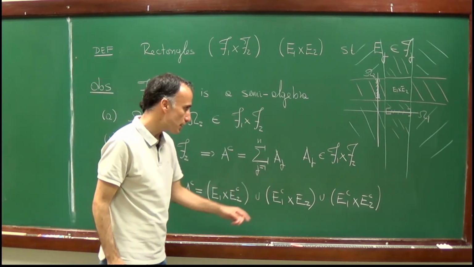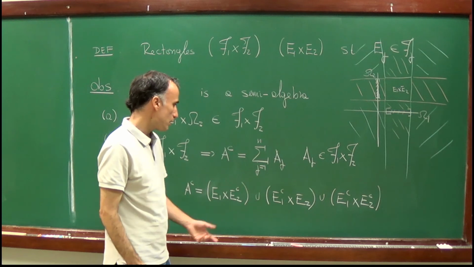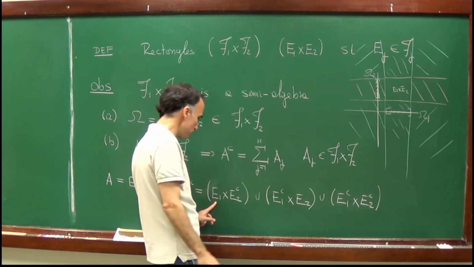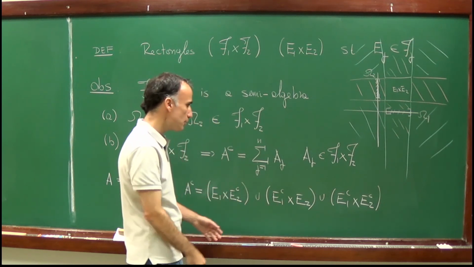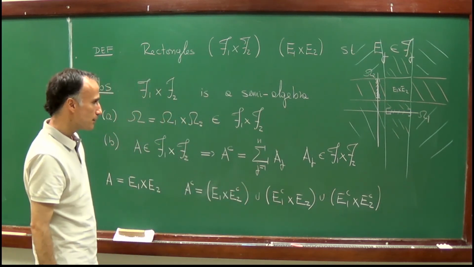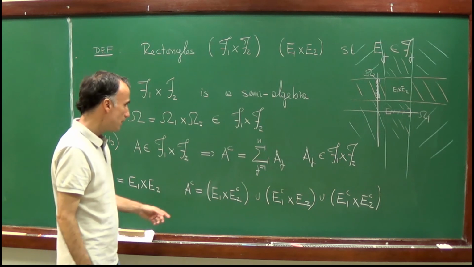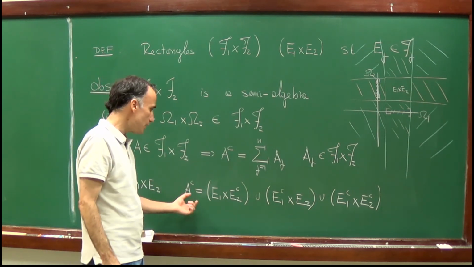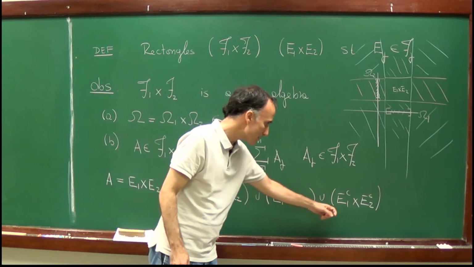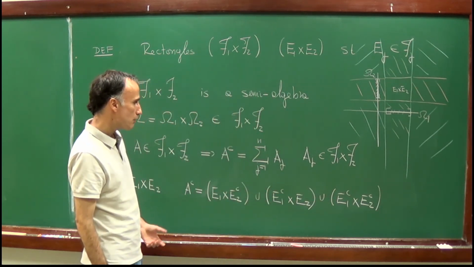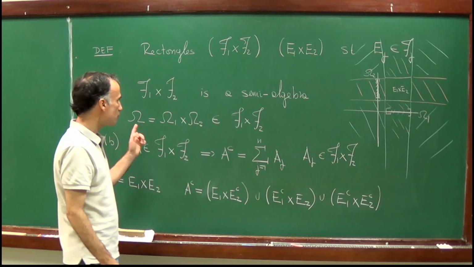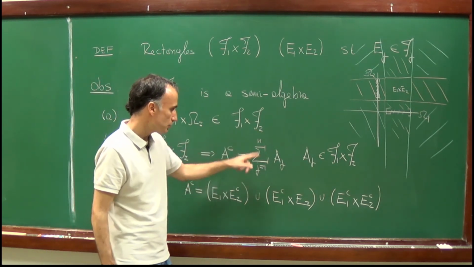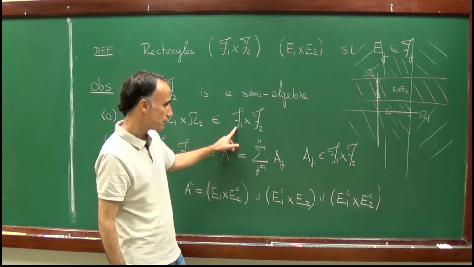And these three sets are clearly disjoint. Well, since this one is disjoint to that one because the first coordinate here belongs to E1, here it belongs to E1 complement, and you can check that they are indeed disjoint. And this shows that the complement of A can be written as a disjoint union of rectangles because F1 and F2 are sigma algebras, and therefore E2 complement belongs to F2, E1 complement belongs to F1.